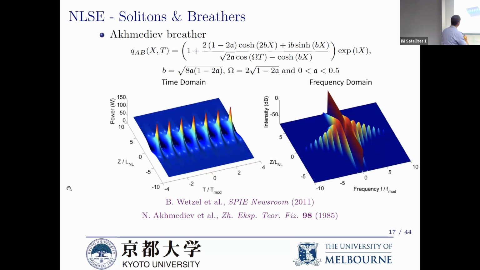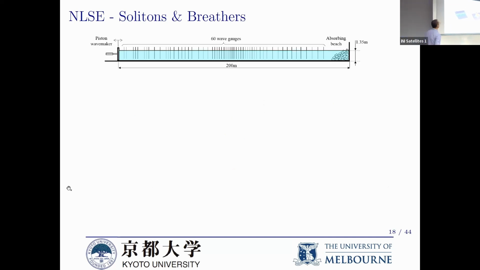You reach the peak of amplification here, which translates to severe broadening of the spectrum and this infinite number of sidebands which appear here, which you can also describe analytically. And then you come back again to your initial three-wave system. This solution is again analytic, and you can modify the parameter B here to modify the modulation frequency or modulation period of your wave envelope.